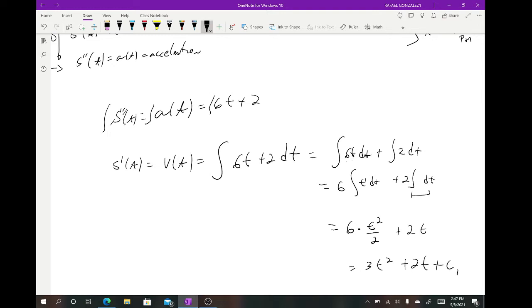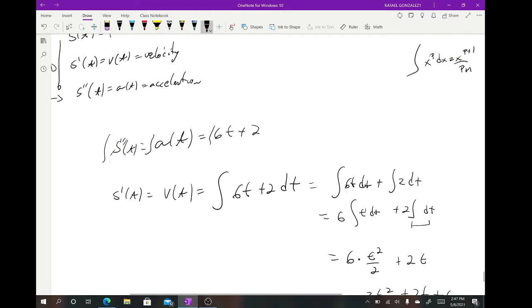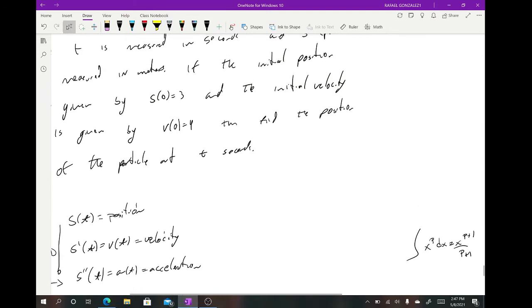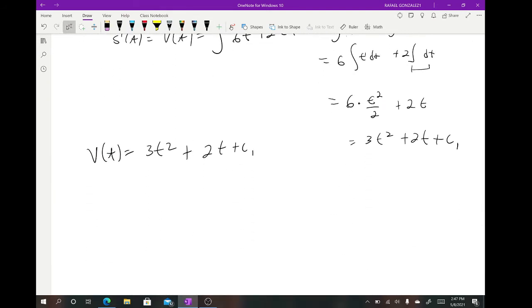And I'm going to call this one c1. There's a reason I'm calling this c1, and you'll see it now. So the velocity of t, which we just found, is equal to 3t squared plus 2t plus c1. But I'm actually told what the velocity at 0 is. The velocity at 0 is 4.